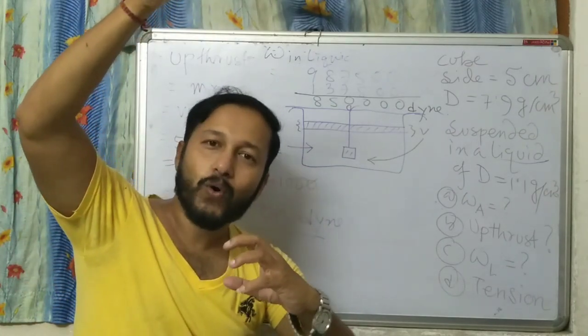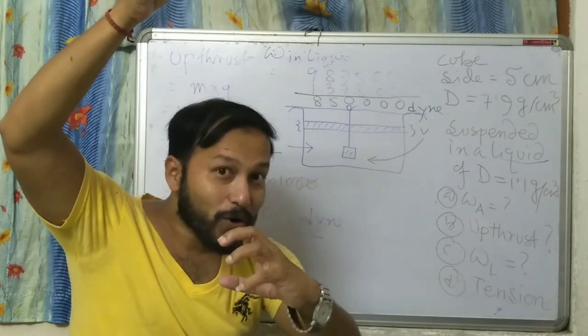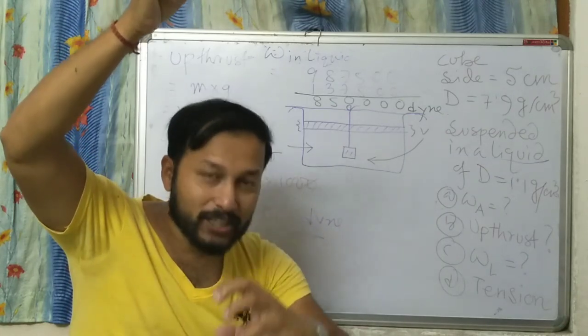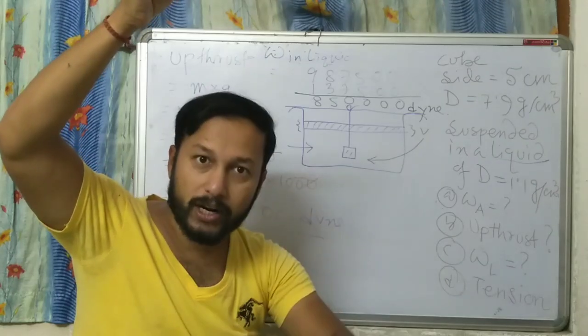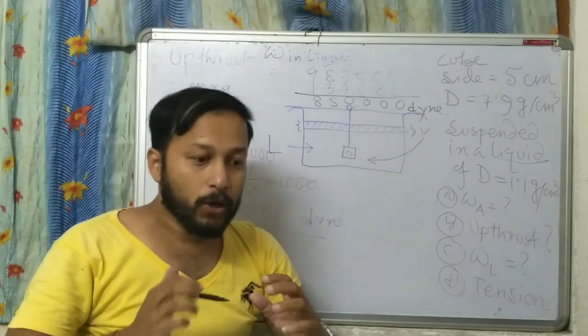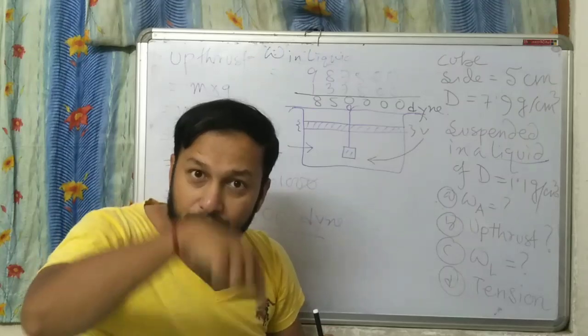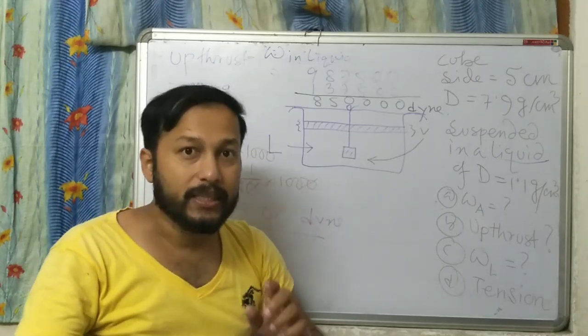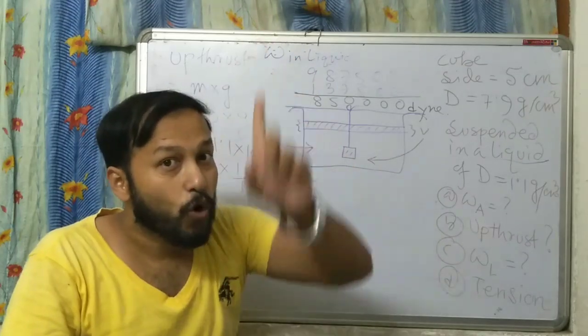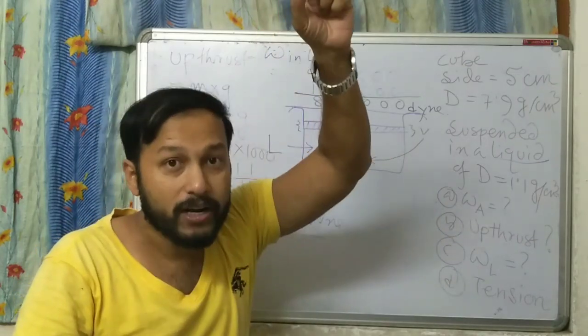Because of the weight of this object, the direction of the weight is downward. So to overcome that force of the weight, the thread is also giving a force upward.